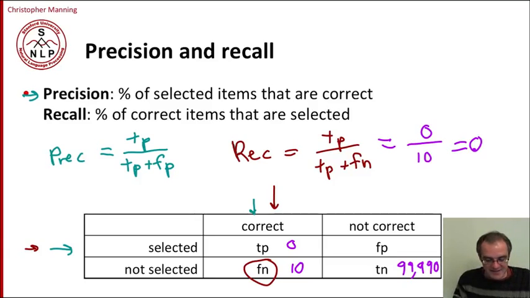And so this suggests we'd actually want to do better by returning some stuff. So what we'd like to do is label some things as shoe brands. So we could revise the system, and when we revise the system, maybe what we'll do is have it return 40 things as the name of shoes.